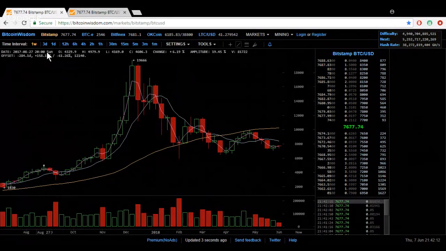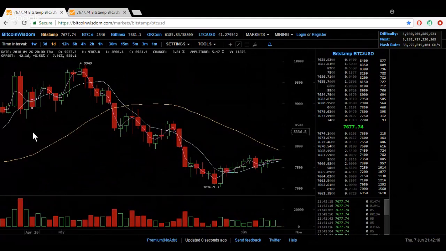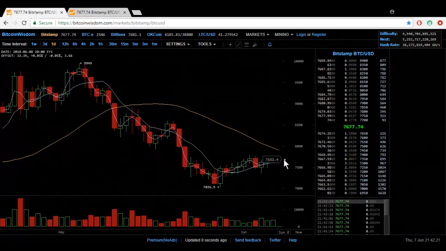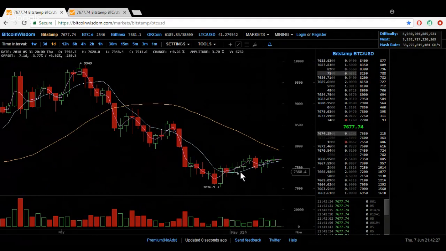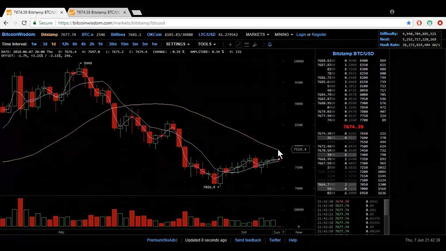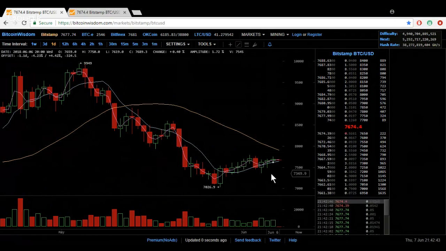We won't look at all the time frames, but let's go to the daily. Leaving the moving averages on, you can see how the daily prices are moving for the last 10 days right up the intermediate term line, and holding above it day after day, walking up and trying to get back up to the longer term, which is at 7,920.